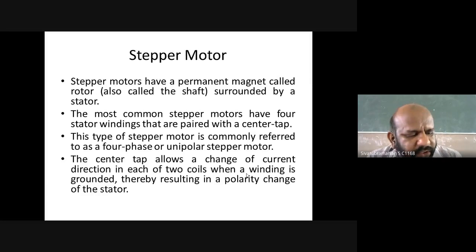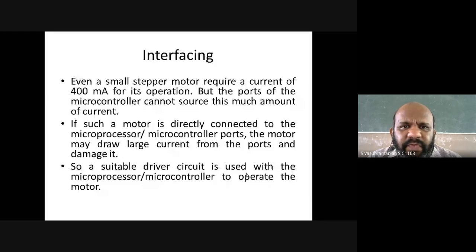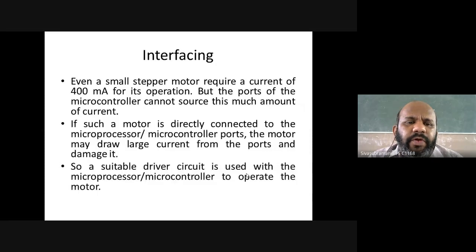And when you start to interface your stepper motor, you cannot do it directly, even through 8255, right? The reason behind it is very simple. Even a small stepper motor will require a current somewhere around 400 milliamps, right? So if you are going to connect this with the 8255 or 8085, that might cause some damage to your port. Okay, so what we do is we rely on a driver circuit which can withstand a current requirement of 400 milliamps.